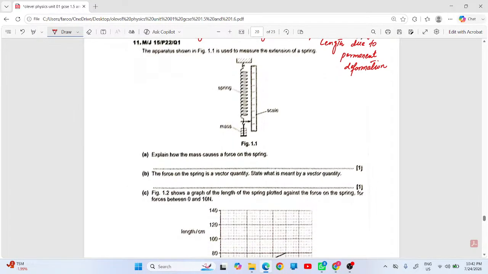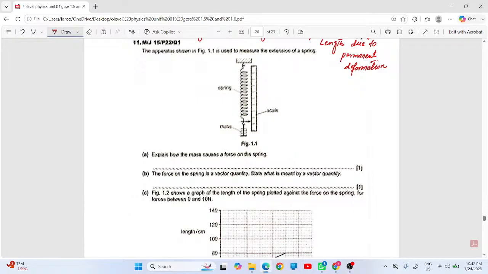तो देखें जब आपने ज़्यादा सारे pieces रखे, permanent change. Next, the apparatus shown in figure 1.1, explain how the mass causes a force on the spring. सर ड्यू टू वेट या ग्रेविटी.